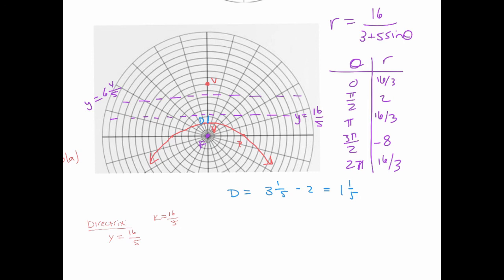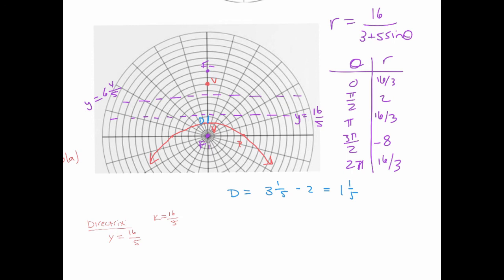So combining those ideas, I can get everything. So from the focus to the vertex is 2. So if I just go up 2, I'll get my second focus. And those other 2 points lie on the same horizontal line as that first focus.